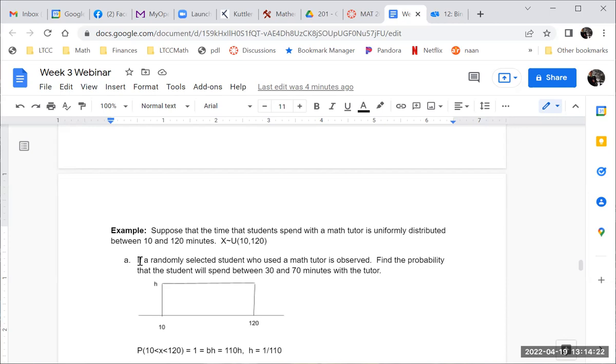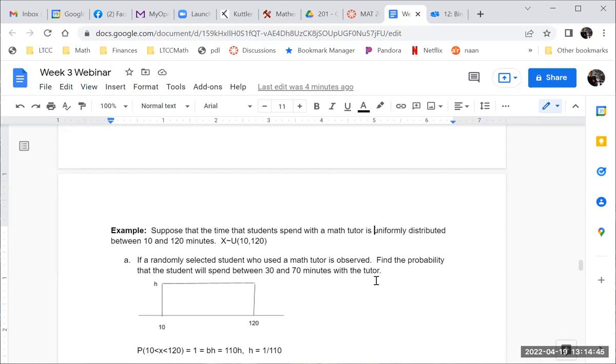So A, if a randomly selected student who used a math tutor is observed, find the probability that the student will spend between 30 and 70 minutes with the tutor. Any questions on the question? So it's a step-by-step process. Step 1, draw a picture.